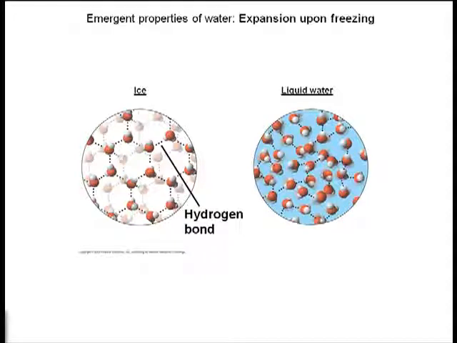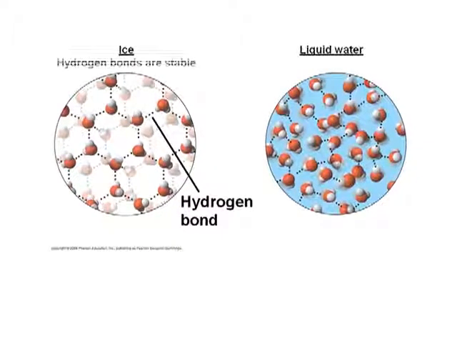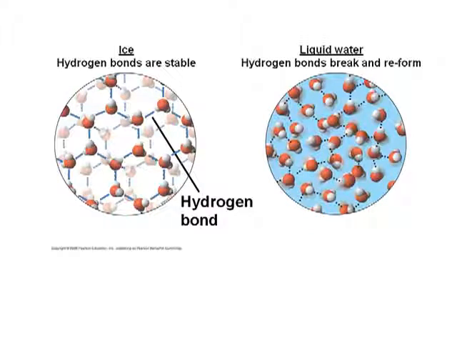Those bonds in ice are more stable than those that we find in liquid water, and you can think of them more as permanent bonds, whereas in liquid water, the bonds are always breaking and reforming.